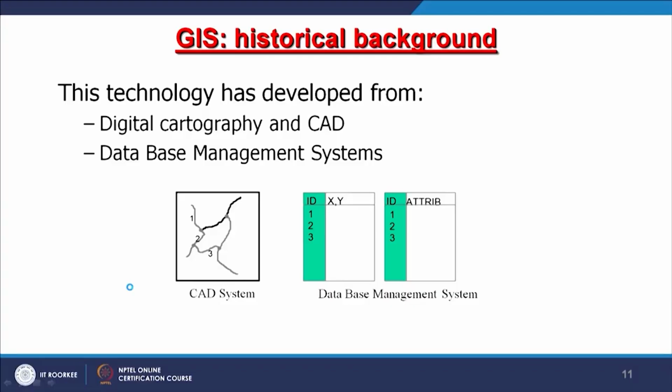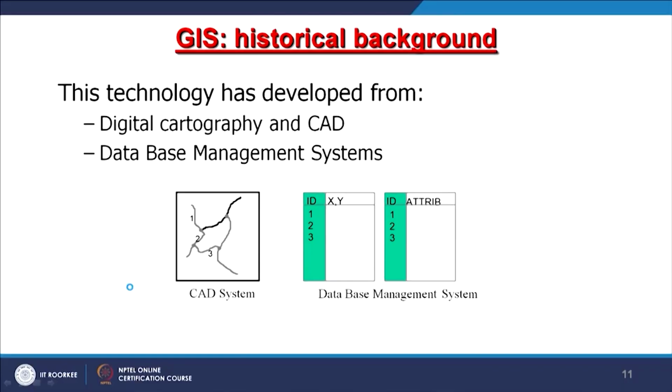GIS historical background I had already discussed, but very briefly I will discuss this point from other systems' point of view. Because GIS has incorporated already developed technologies into it, and the best example is digital cartography and CAD, computer aided design systems.